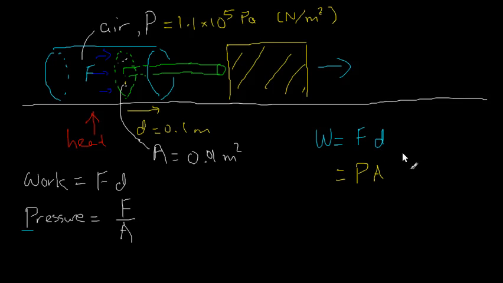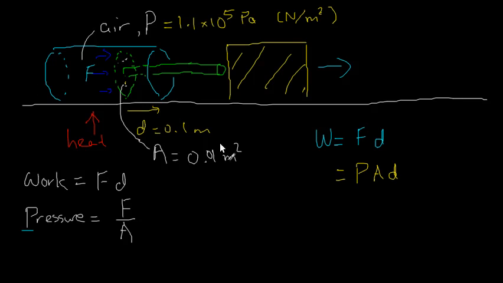Now D is the distance moved, so we can measure that. So it's P times A times D. With this we can find our answer because we know pressure, area, and distance. So just put in the numbers and find an answer.